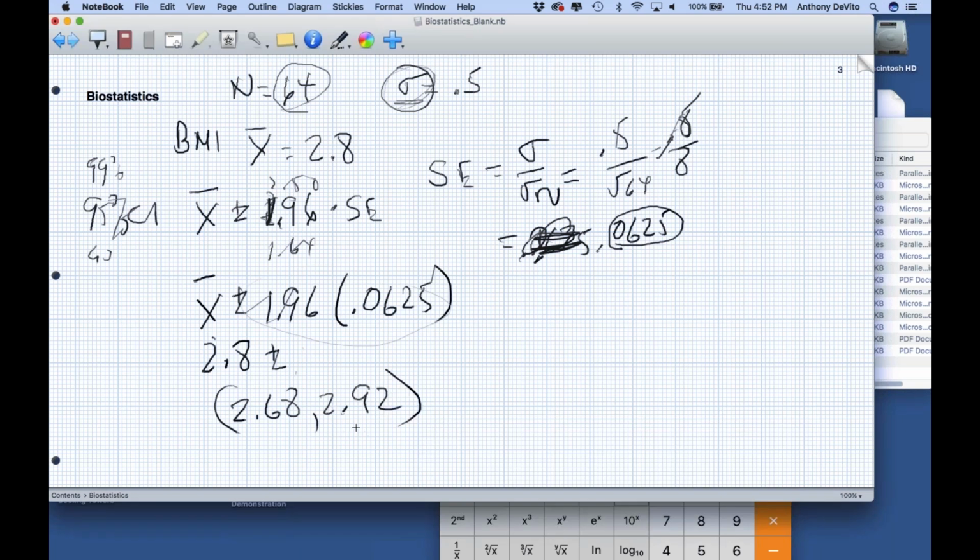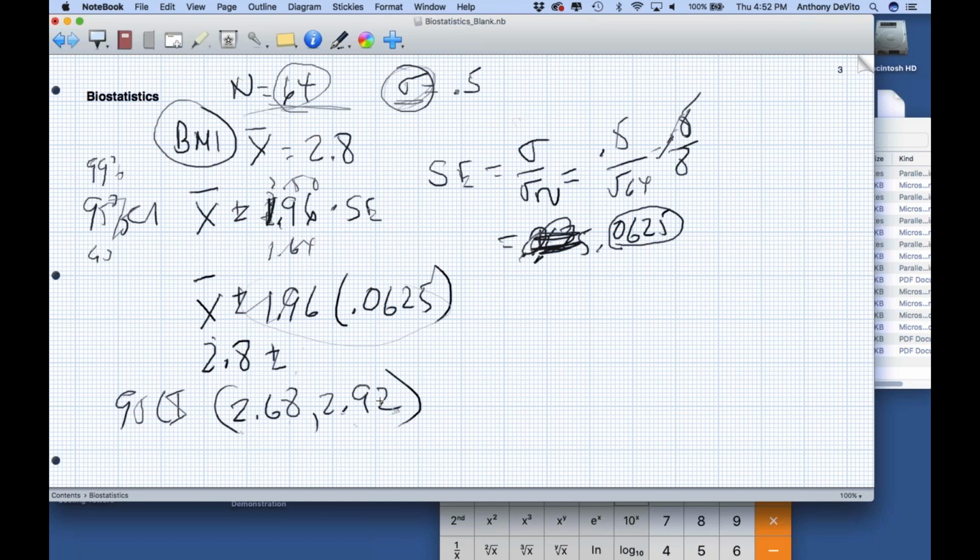So basically we're saying we're 95% confident that the true mean BMI of all of the athletes in this population is between 2.68 and 2.92.